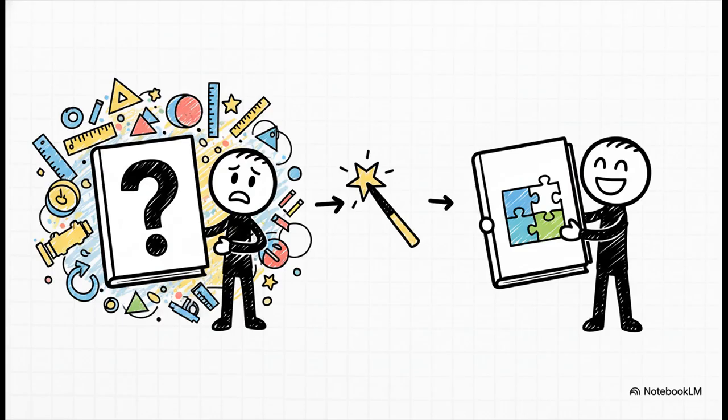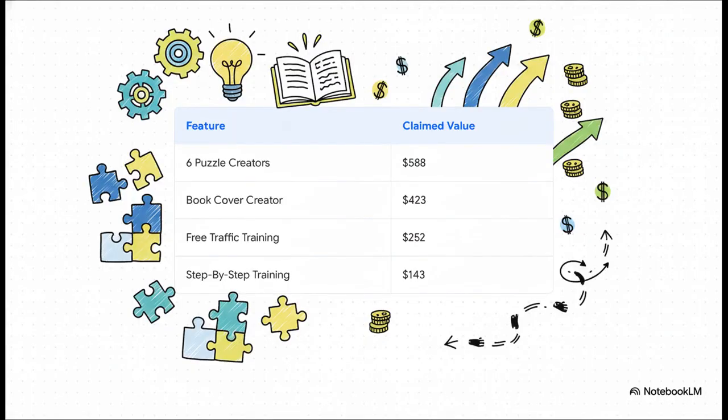Now, they really make a point to highlight this one feature, a built-in book cover creator. Anyone who's ever tried to self-publish knows designing a cover that actually looks good and gets clicks can be a total nightmare. So the claim here is that this tool solves that massive pain point for you. And then we get to this classic marketing technique. It's called value stacking.